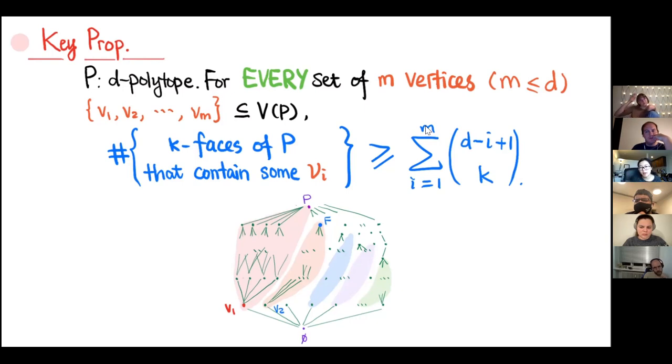And we can keep doing that. At each stage, we're looking at some vertex figure of one of the vertices, but inside a lower dimensional face. And eventually, you bound the number of k minus 1 faces in those upper intervals in order to get the summation of binomial coefficients on the right.